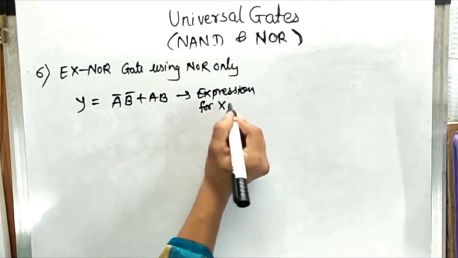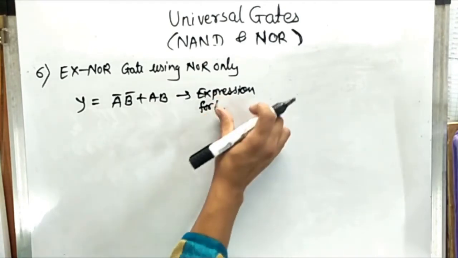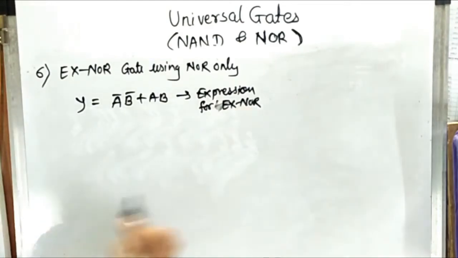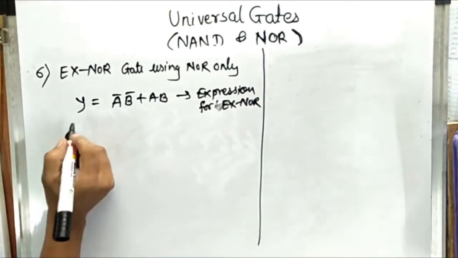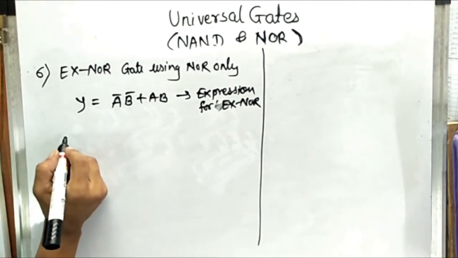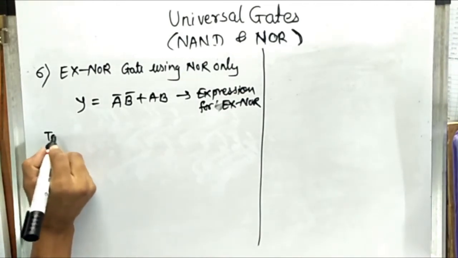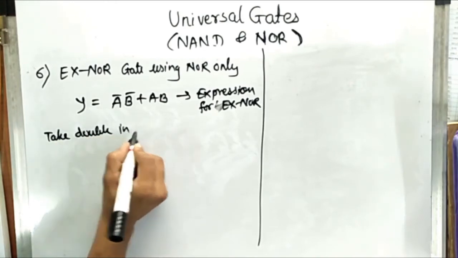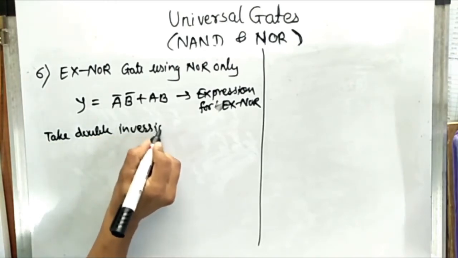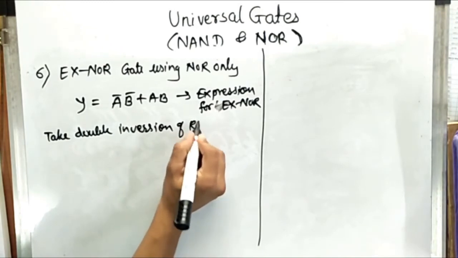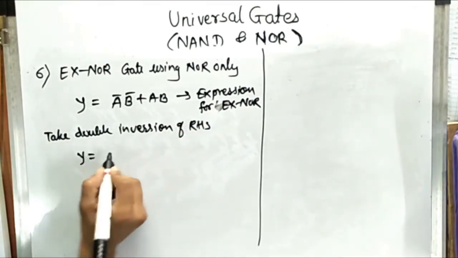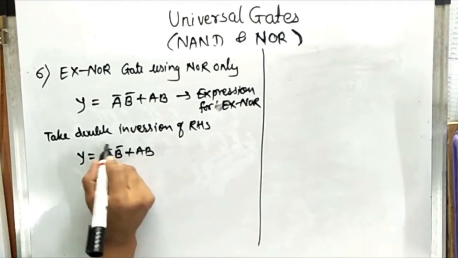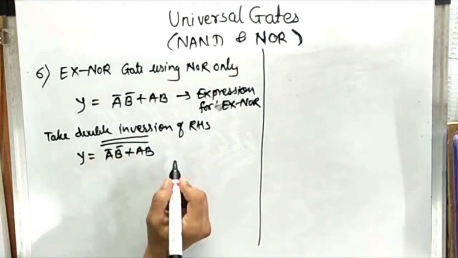Okay, this is the expression for XNOR. So take double inversion of RHS, then we get Y equal to A bar B bar plus AB double complement.